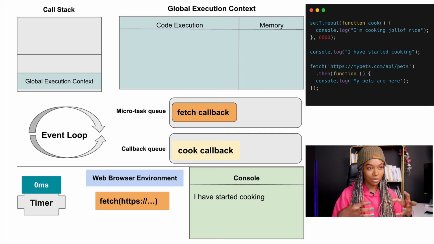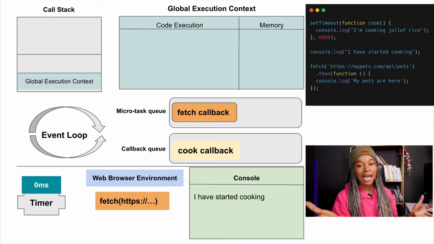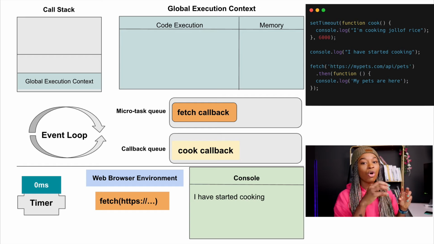It's callback, a lot of words, so I need to say that again. We have these two queues, right? The microtask queue has a high priority. So callback functions in the microtask queue will be executed first. They will be executed before callbacks that are in the callback queue, right?